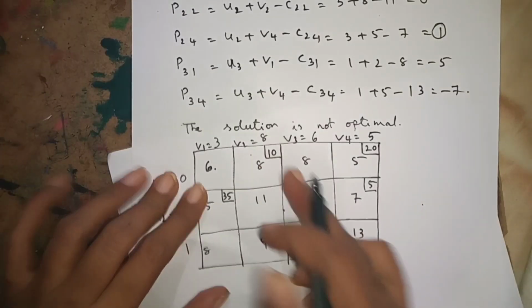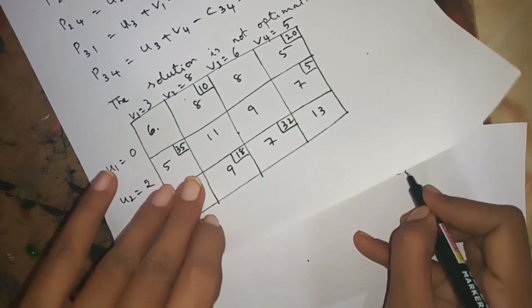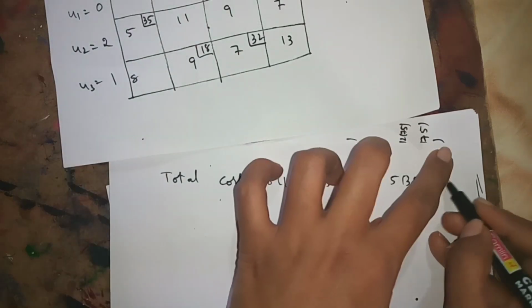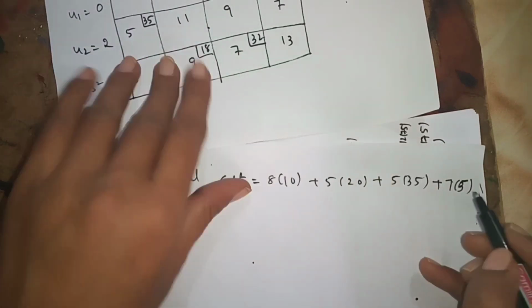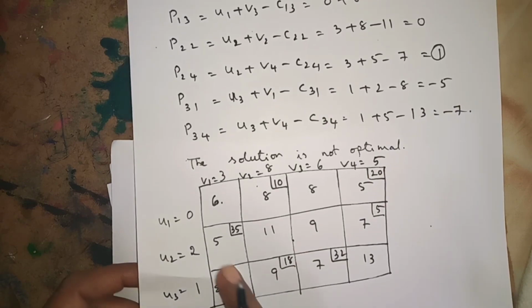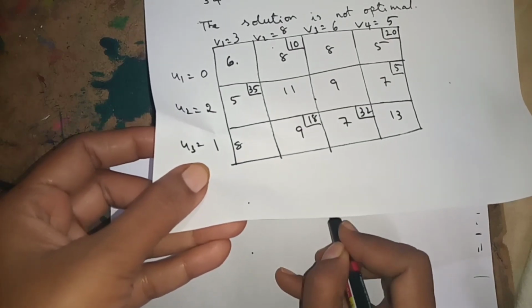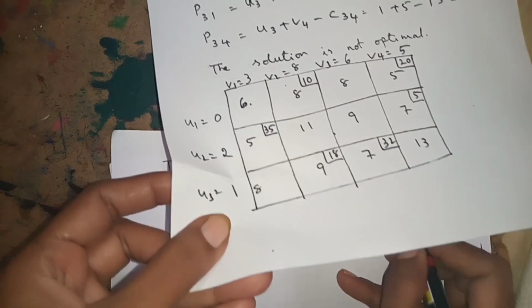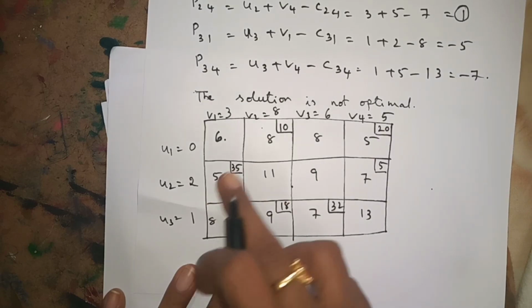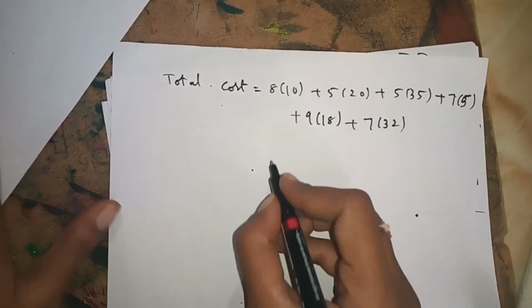8 into 10 plus 5 into 20 plus 5 into 35 plus 7 into 5 plus 9 into 18 plus 7 into 32 is equal to how much will we get?